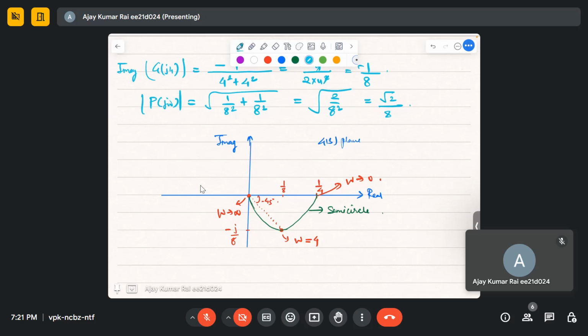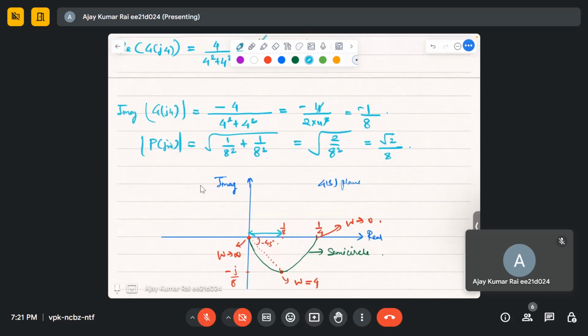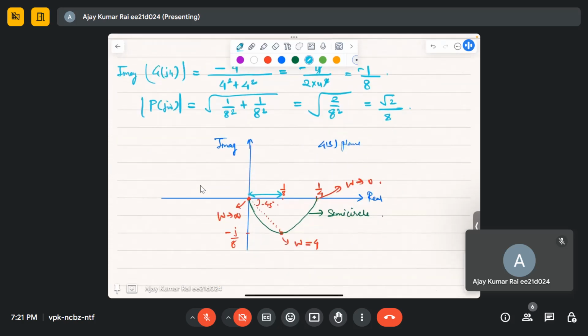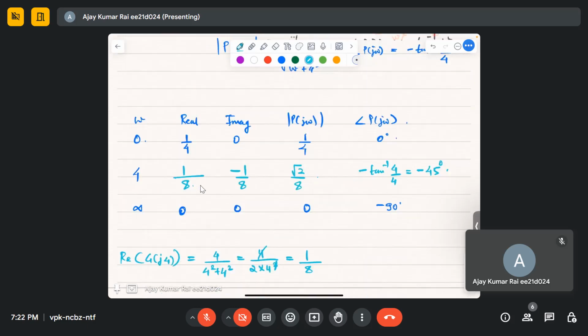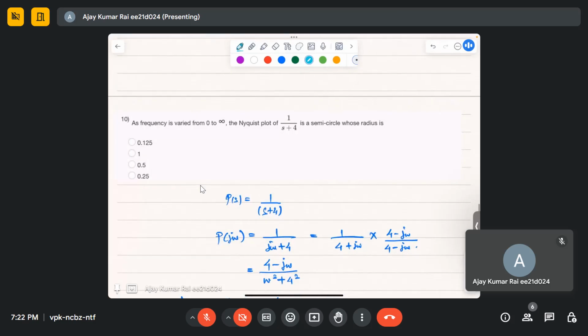You just find this. This is the radius, right? 1 by 8. Correct? So this is the radius, which is 1 by 8. Simple. So the answer for this question is 1 by 8.